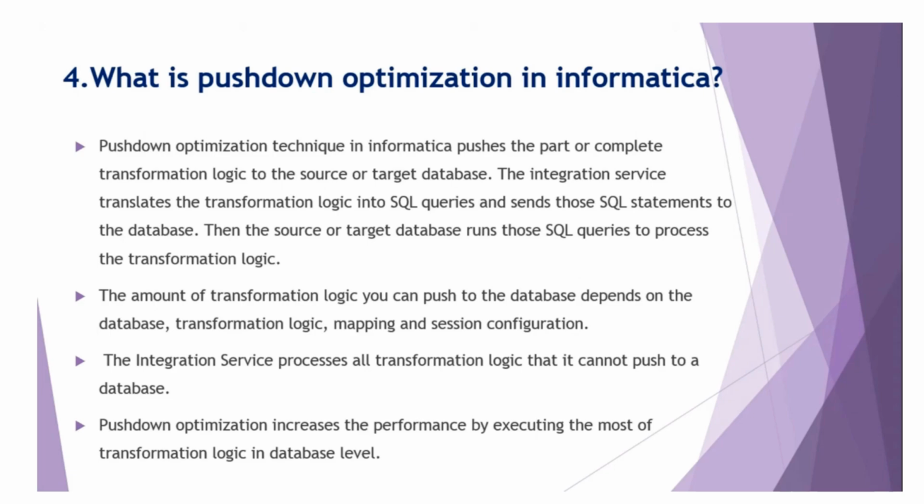The amount of transformation logic you can push to the database depends on the database, transformation logic, mapping, and session configuration. The integration service processes all transformation logic that it cannot push to a database. Pushdown optimization increases performance by executing most of the transformation logic at the database level.